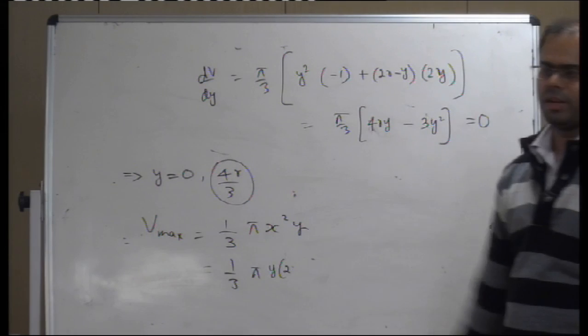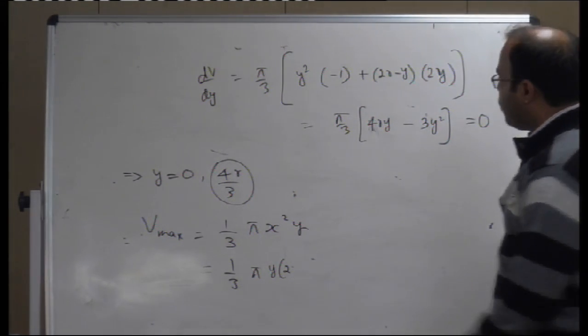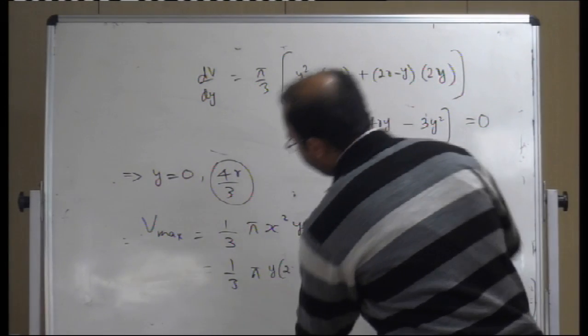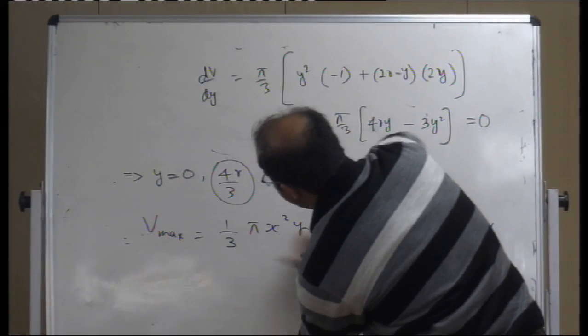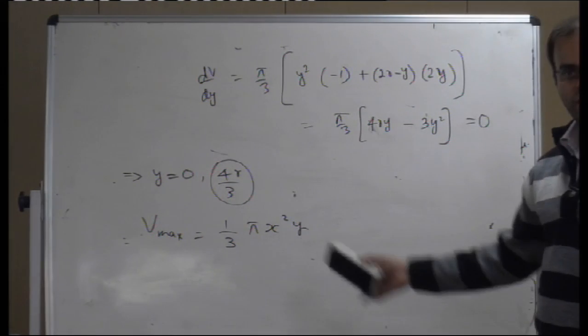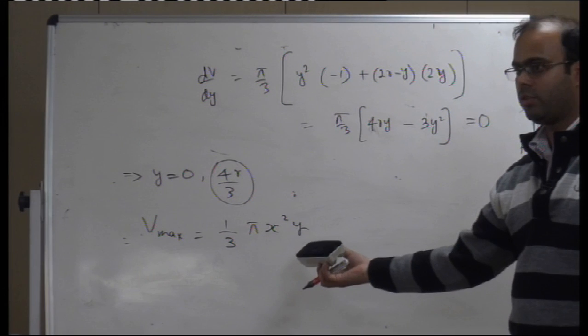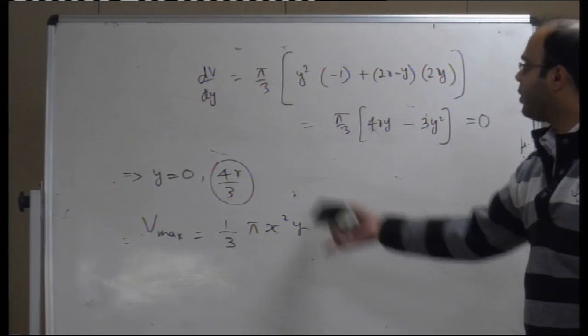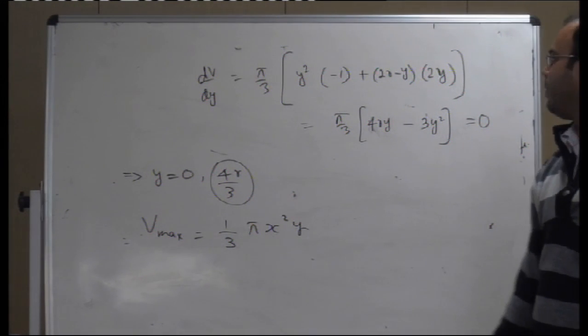That was the formula. So you can put this value of y, 4r by 3, in that formula we just wrote just before this, and then you will get the maximum volume. I hope it is clear to everyone.